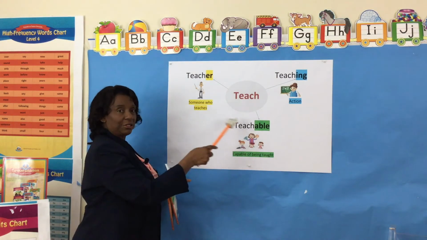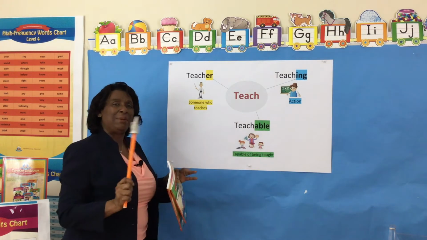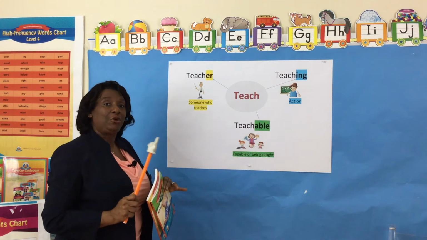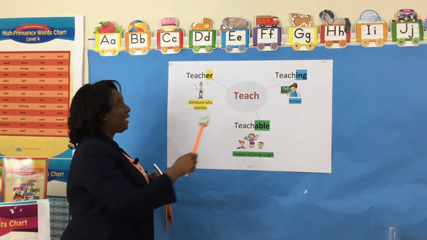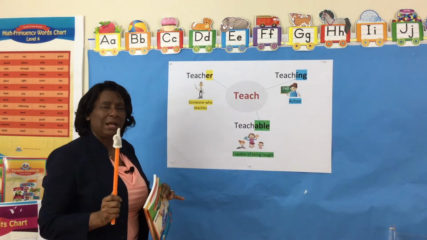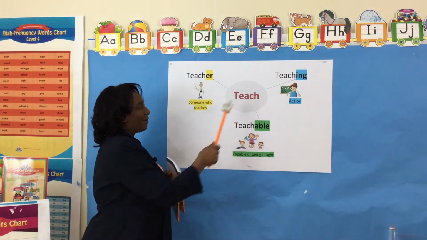Draw a circle just like I did here. Select a word. Make sure it's maybe a verb. Teach. Then have your child add ER to the word teach.